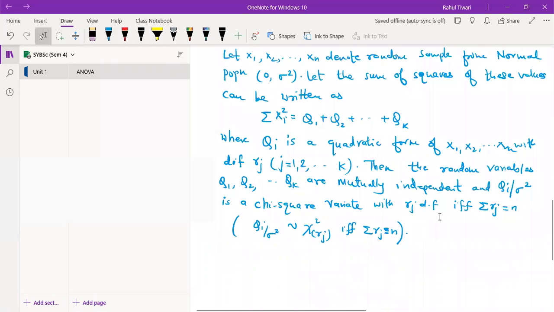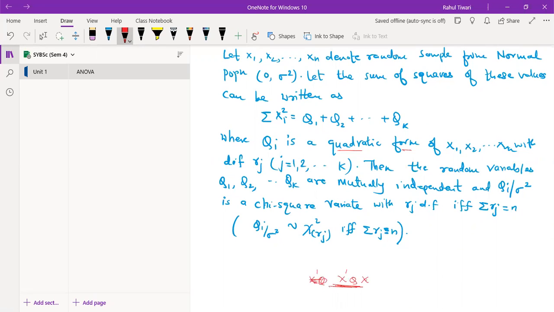I will explain it in one step. First of all, what is this quadratic form? Quadratic form is something like x dash Qx. This is called a quadratic form.